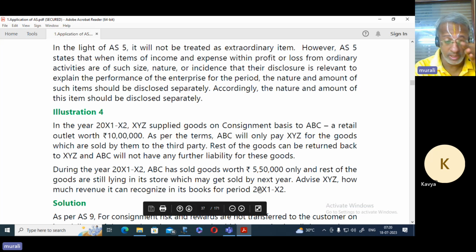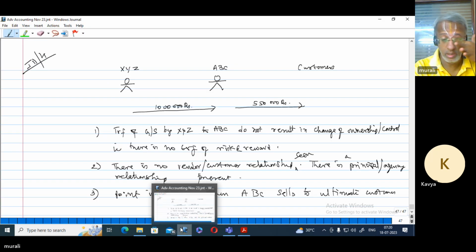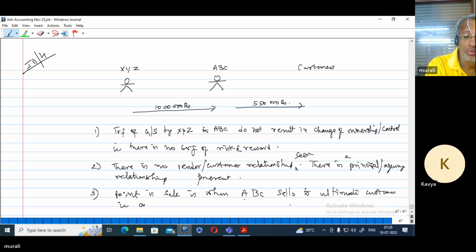How much revenue will be recognized? That is only rupees 550,000.